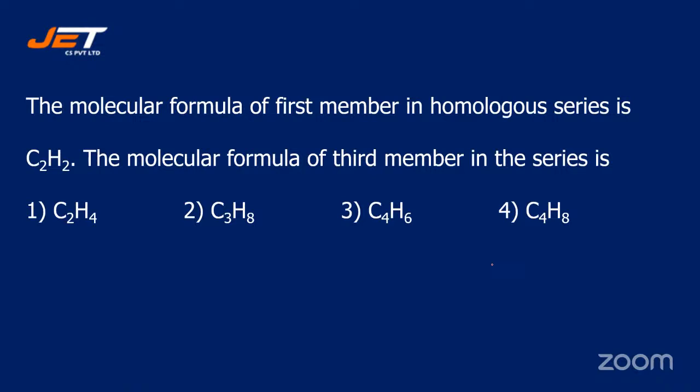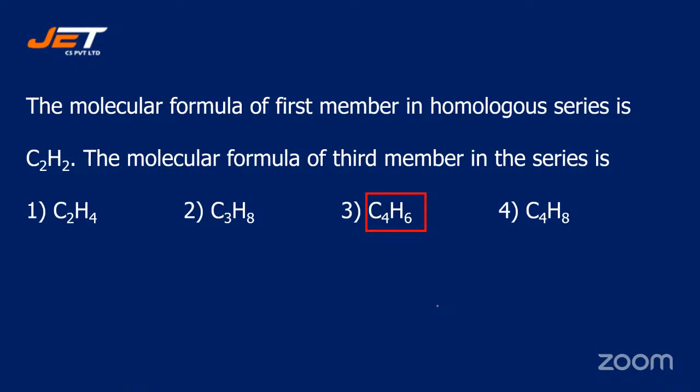The molecular formula of the third member in the series is, and your options are number 1, C2H4, option number 2, C3H8, option number 3, C4H6, option number 4, C4H8.